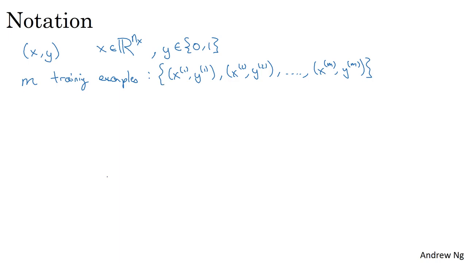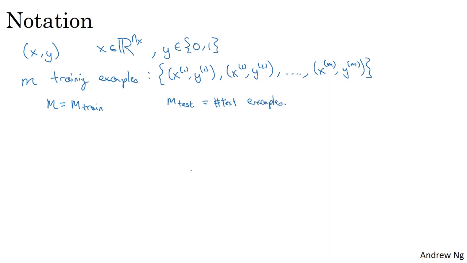So I'm going to use lowercase m to denote the number of training examples, and sometimes to emphasize that this is the number of training examples, I might write this as m subscript train. And when we talk about a test set, we might sometimes use m subscript test to denote the number of test examples. So that's the number of test examples.